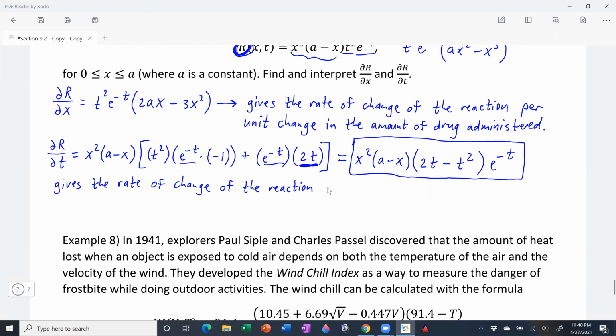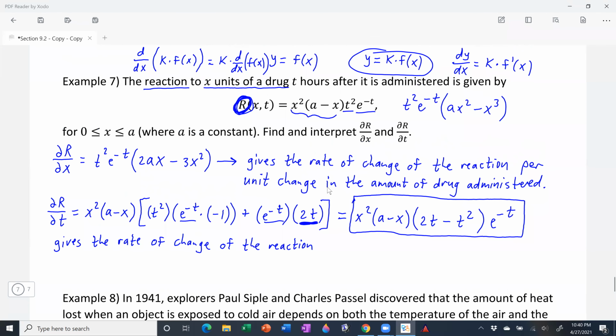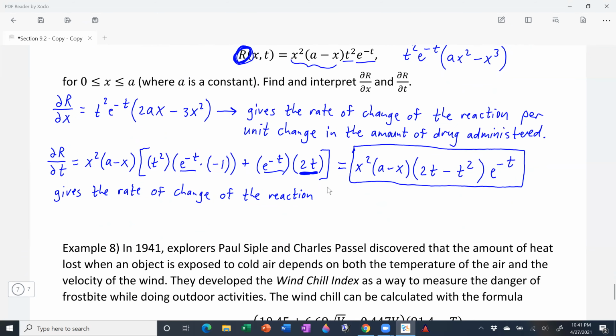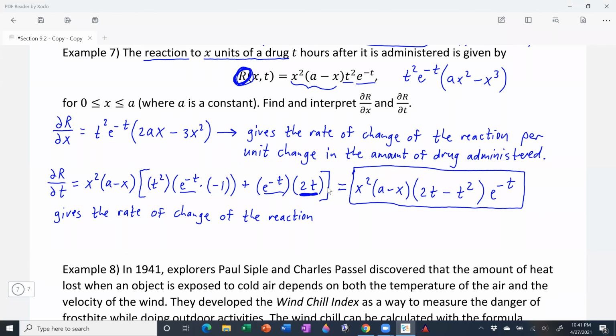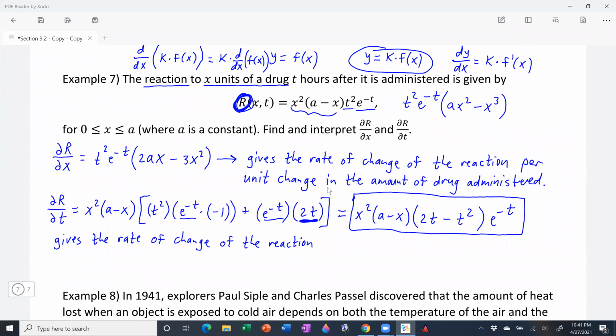Okay, and then this time we're talking about the variable t. So instead of talking about a per unit change in time, we can get a little bit more specific because they were talking about t represents hours after it is administered. And the reaction or these rates of change with these partial derivatives, we always want to think about it in terms of per unit change. Okay, so if we want to go per unit change, that would be 1. Thinking about units just means 1.